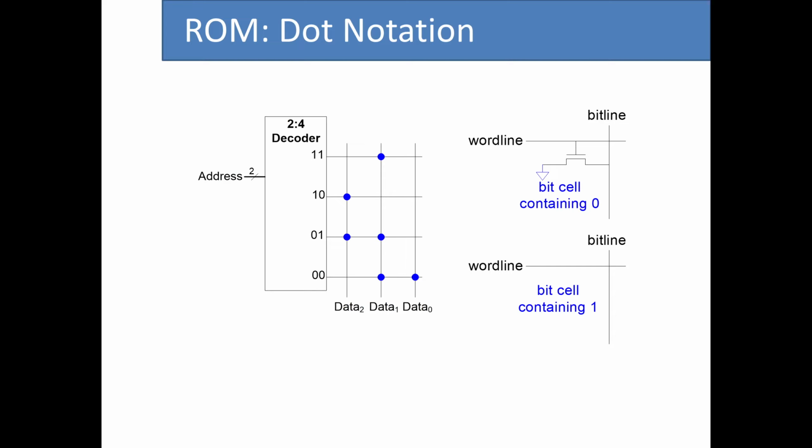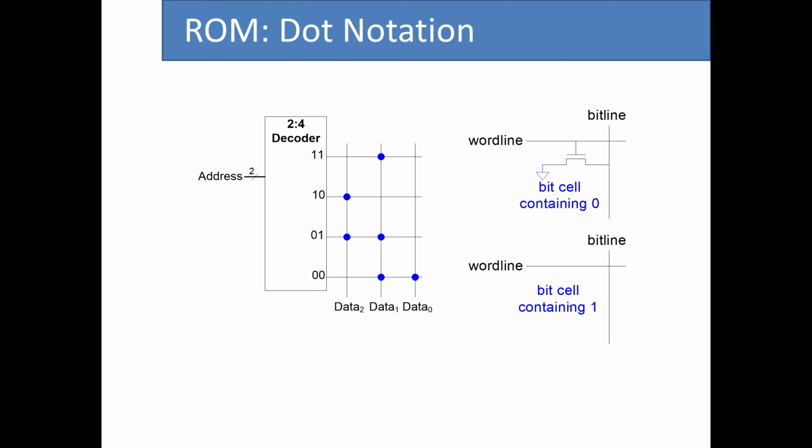So for ROMs or read-only memories, the bit cells are actually created by NMOS transistors, but the difference between storing a 0 or 1 is if we have the NMOS transistor in this configuration between the word line and bit line, the data is 0.